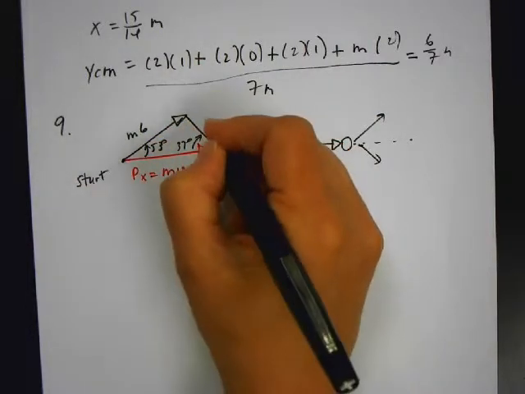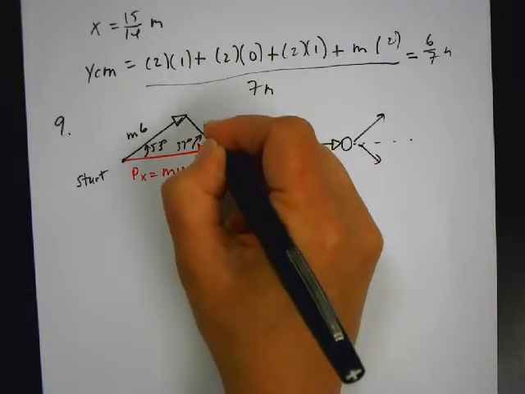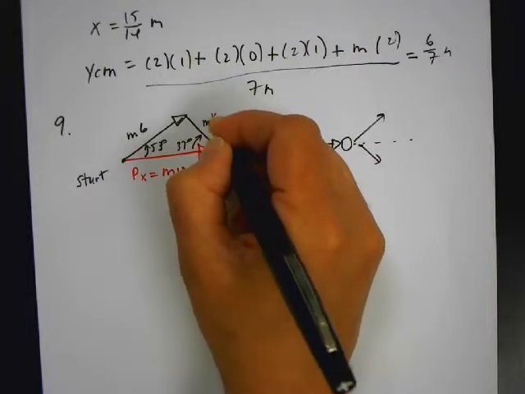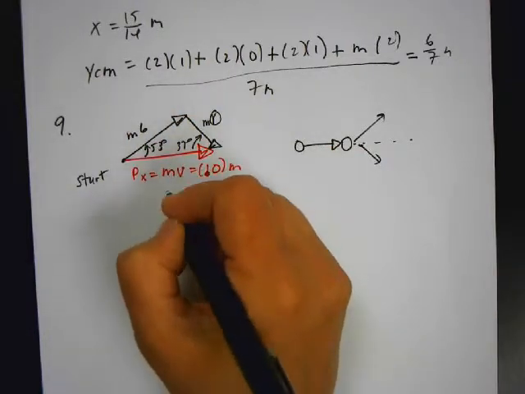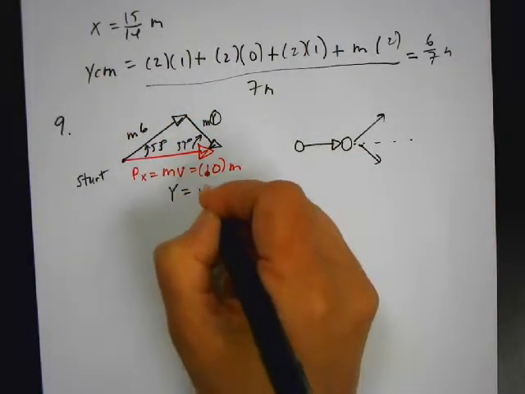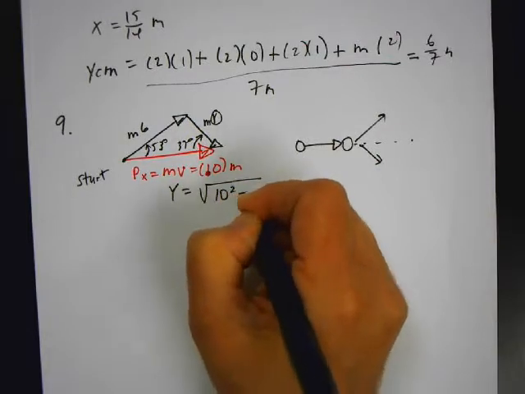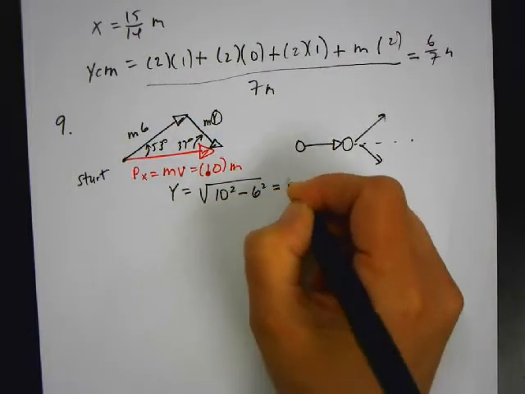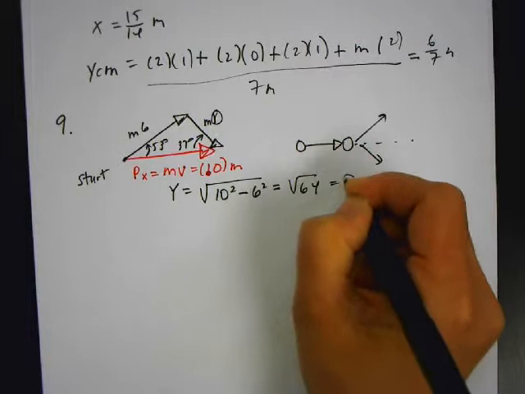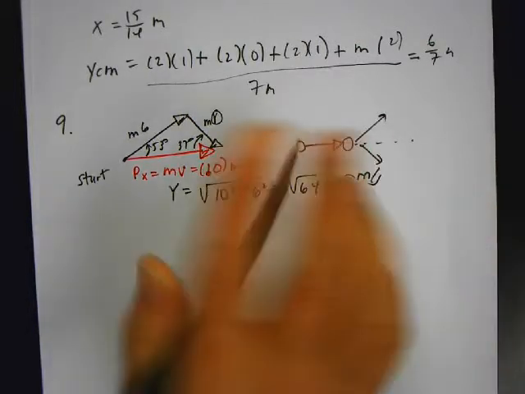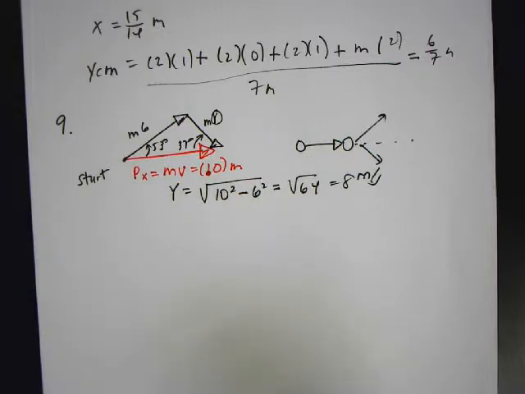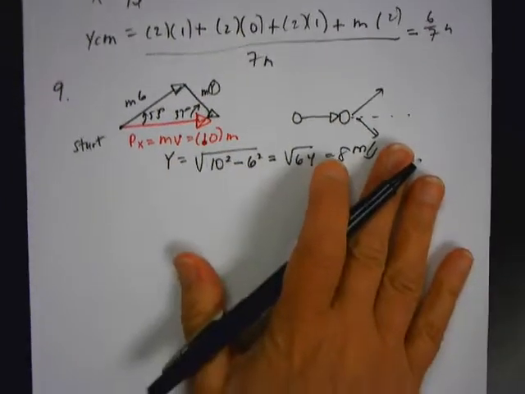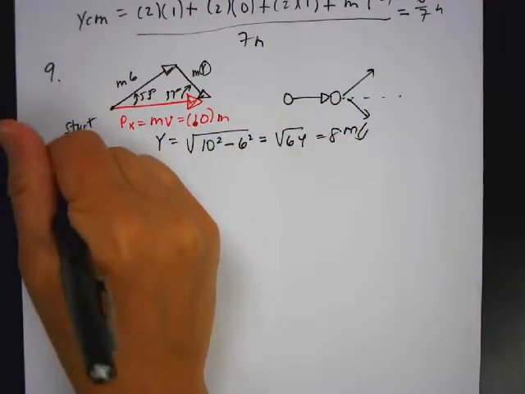So this is going to be ball Y, but I don't know the mass, but they're the same, so it doesn't matter. So Y is equal to 10 squared minus 6 squared. That comes out to be the square root of 64, which is 8. So remember, this plus this vectorially equals that. This is just knowing that momentum is a vector quantity.